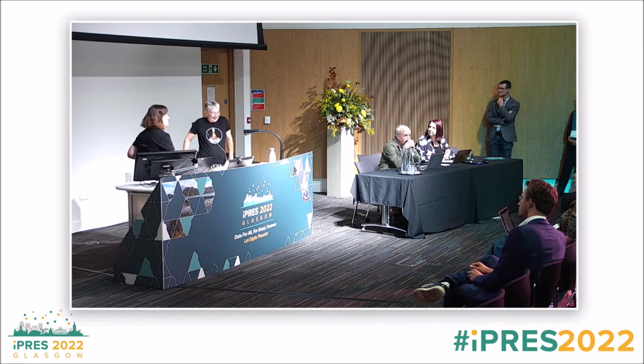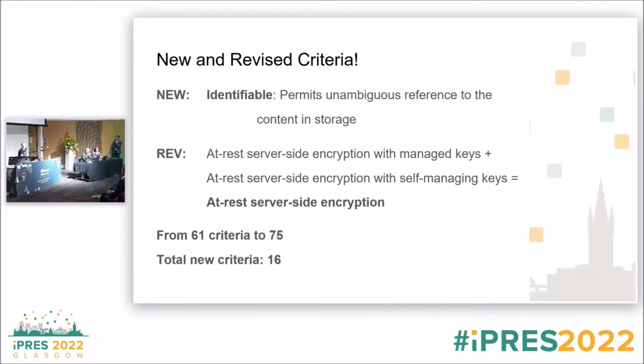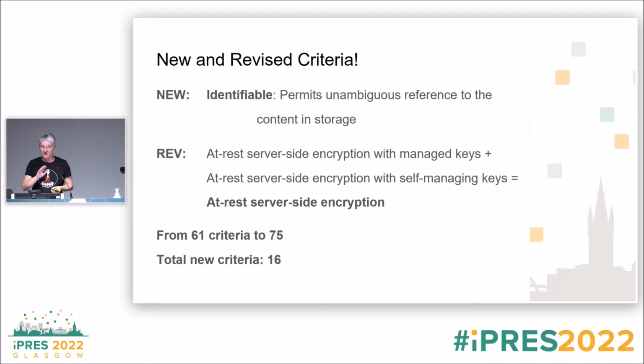I'll take it over. I almost took over her section. Actually, one of the ones we found was identifiable. We don't know how we missed that in version 3, because that's a very important one. And we found that in ISO 16363. We also found that some of them were quite similar, as you see here, the REST server-side encryption with managed keys, and the other one the same with self-managed keys.